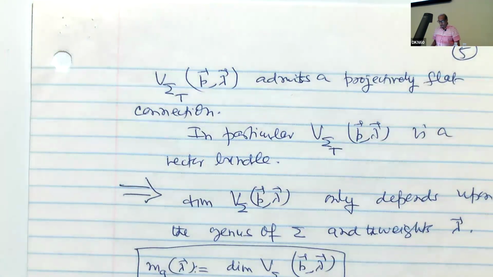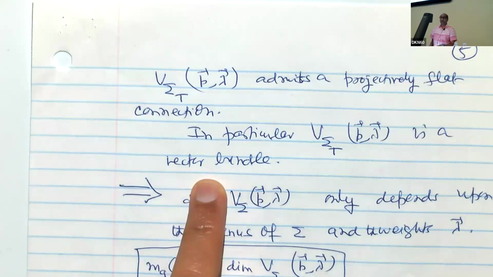Okay. So now, since this sheaf admits a projectively flat connection, automatically it becomes a locally free sheaf. Once the sheaf admits a projectively flat connection, actually any connection, then it becomes a vector bundle.